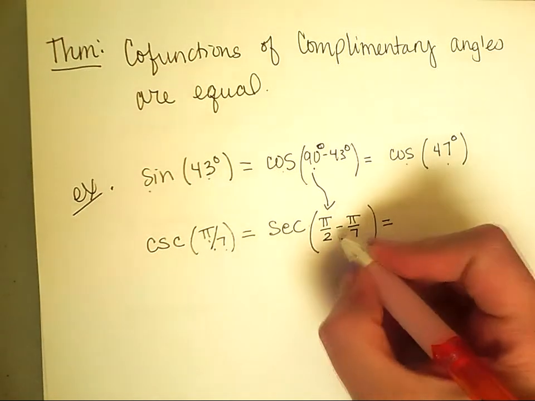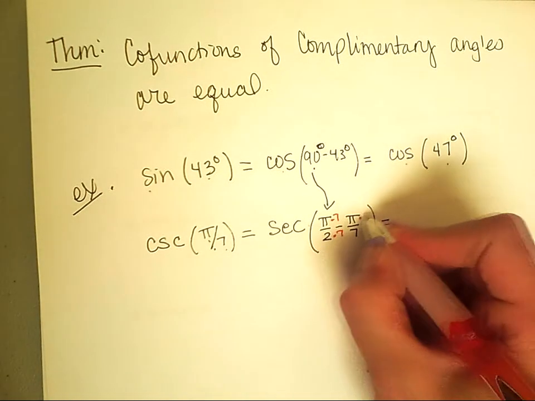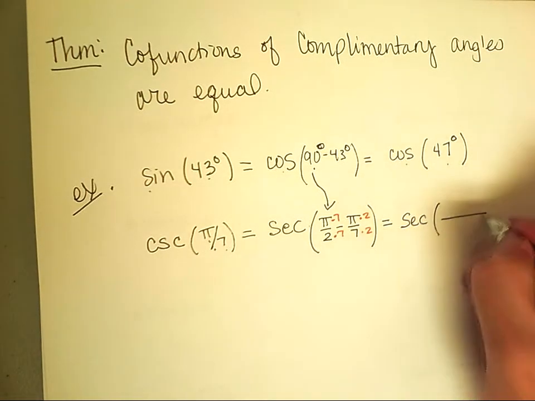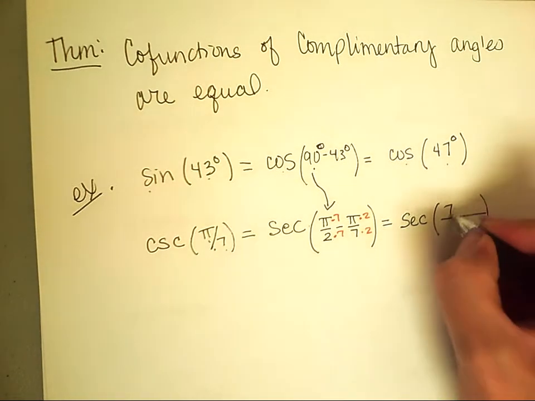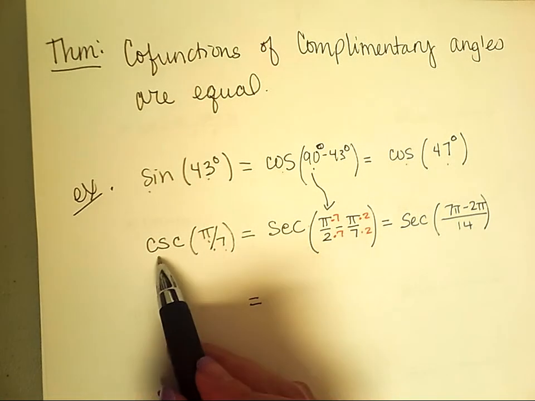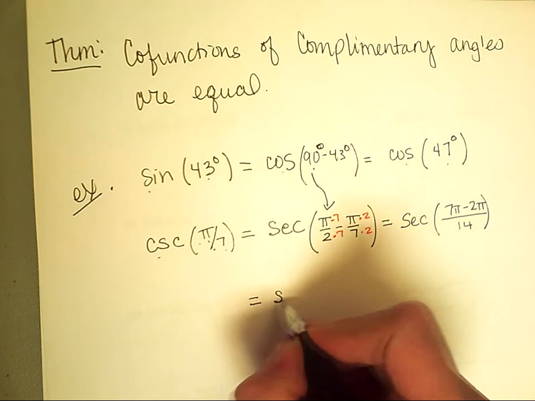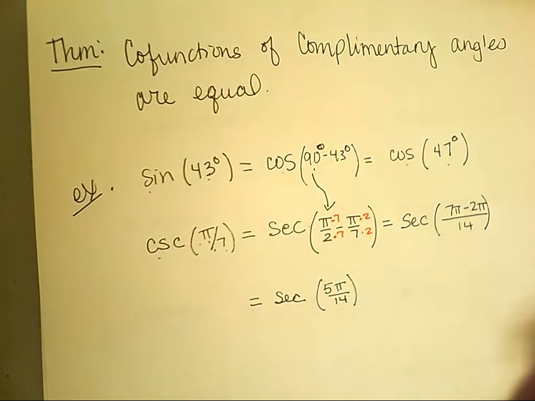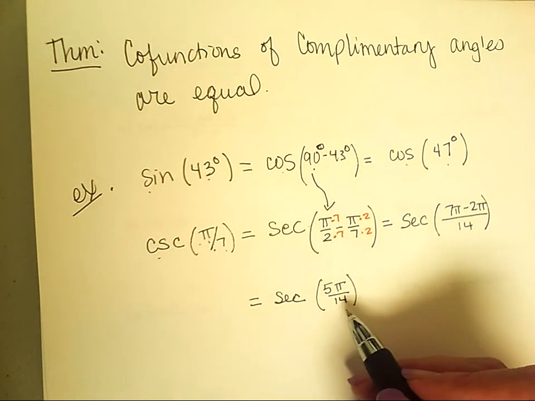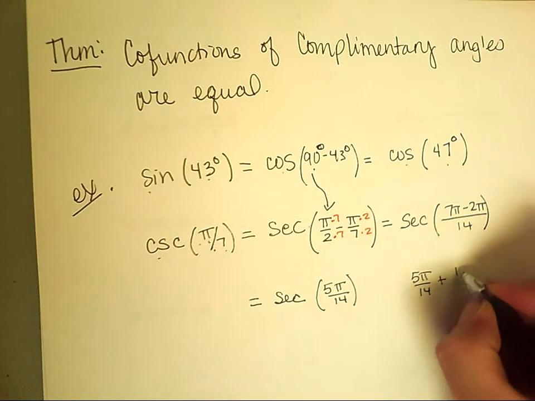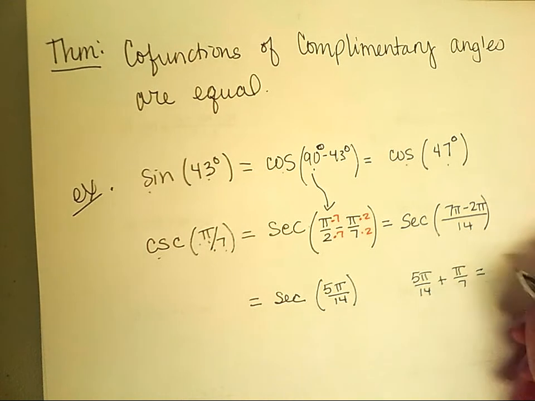Now we can simplify this angle. Let's get a common denominator. I'll multiply by 7 and by 2. So this has to be the secant of, now over 14, 7 pi minus 2 pi. So this cosecant of pi over 7 must be equal to the secant of 5 pi over 14, because 5 pi over 14 plus pi over 7 equals pi over 2.